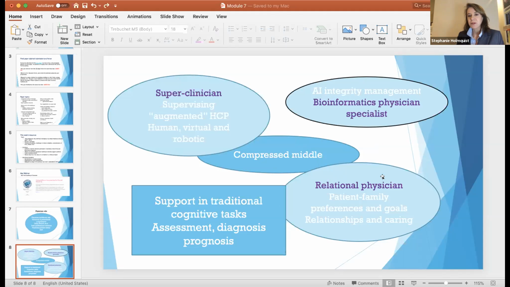We may see that some physicians focus more on the relational content of the physician-patient relationship. There's some of that certainly now in medicine, but we may see more extreme versions of this. And so what physicians will get is more support for cognitive tasks, allowing them to split off in these ways.